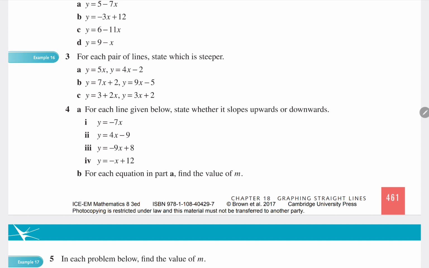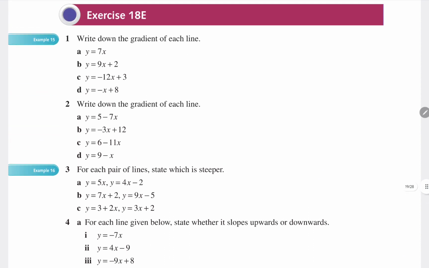Okay. Let's quickly go through these examples. Question 2. What is the gradient for 2a? 5. No. 7. Still wrong. Close. Negative 7.